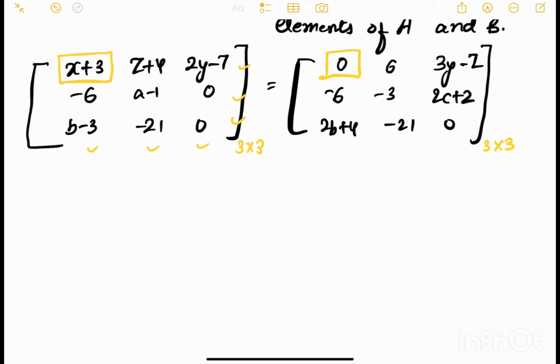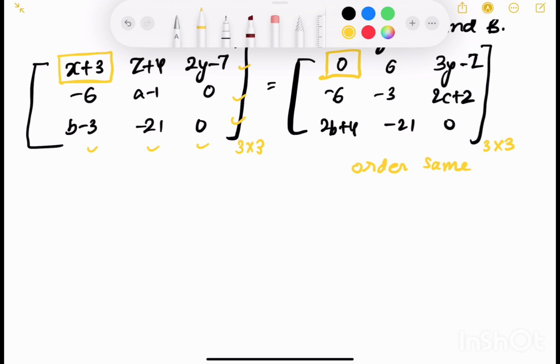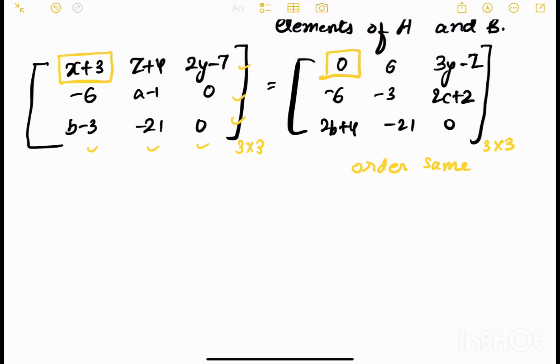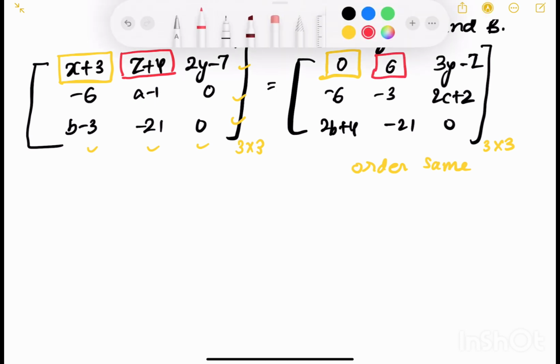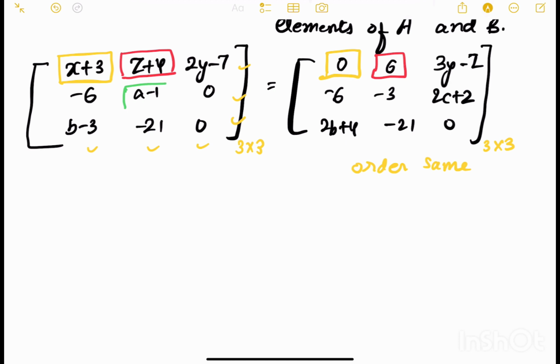So yes, the order is the same, right? Now we equate the corresponding elements of the matrices. This z plus 4 must be equal to 6, and a minus 1 must be equal to minus 3.